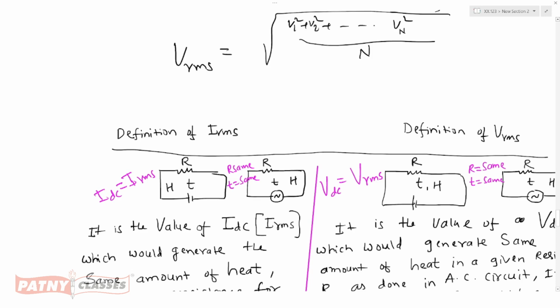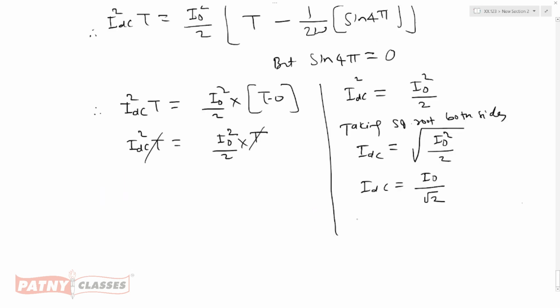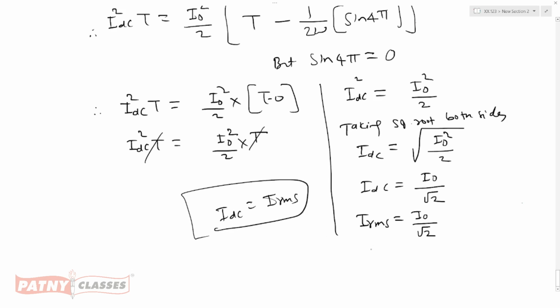But from the definition, I dc is equal to I RMS. Therefore, replacing I dc by I RMS in this equation, I RMS equals I naught upon root 2, because I dc is nothing but I RMS. Hence, I RMS equals I naught upon root 2 is proved. The relationship is established.